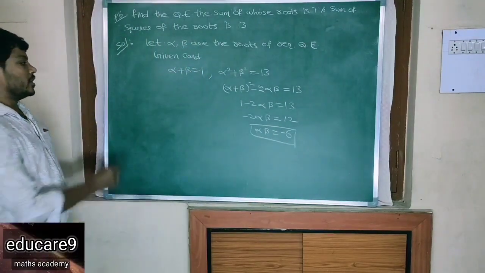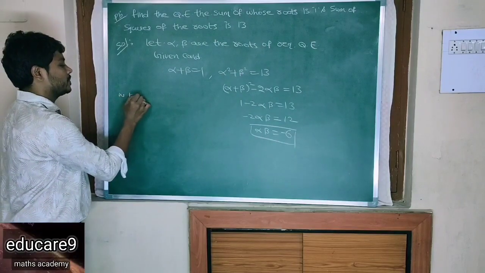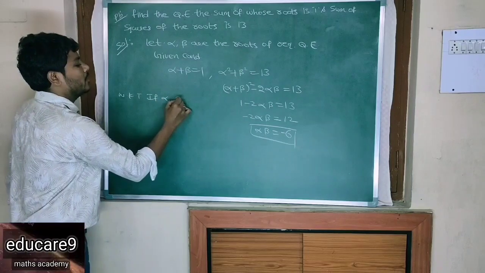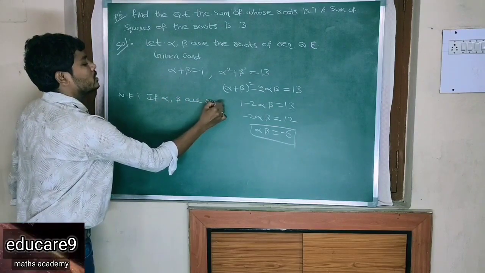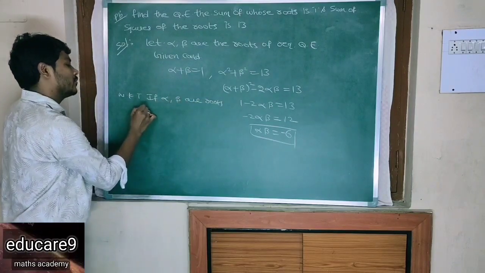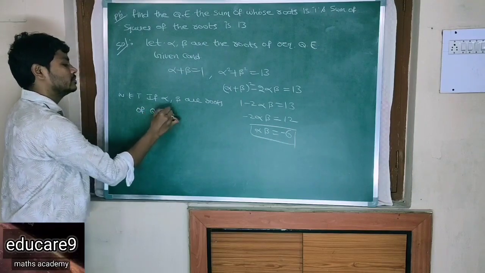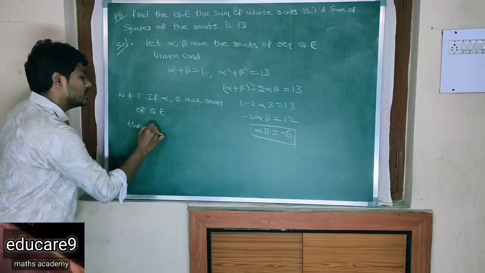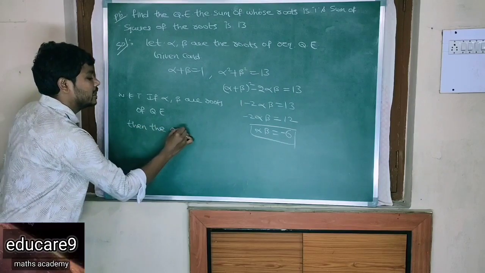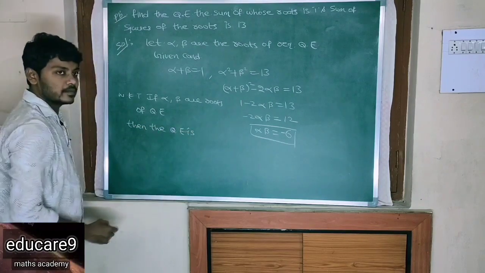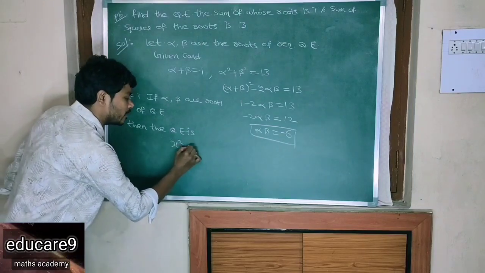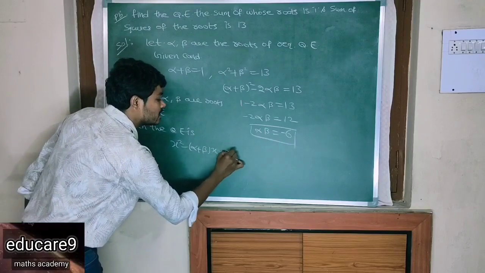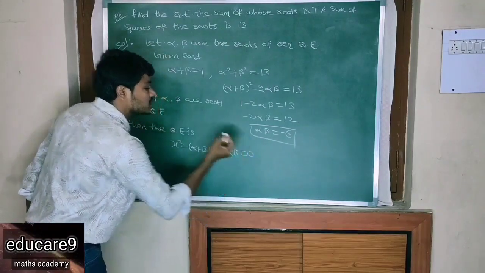Okay. So you know that if alpha, beta are roots of a quadratic equation, then the quadratic equation is x square minus (alpha plus beta) x plus alpha beta is equal to 0.